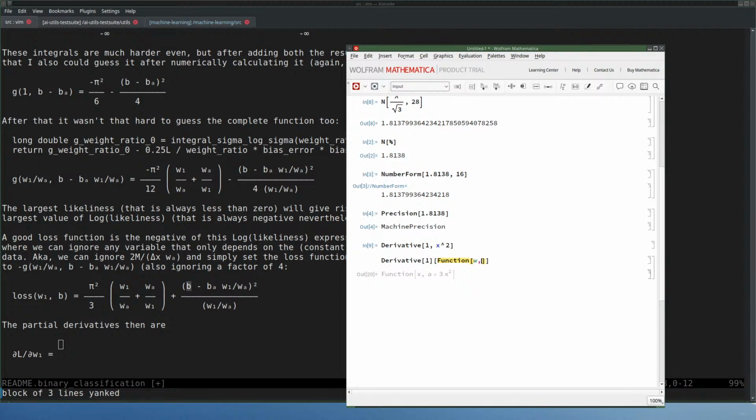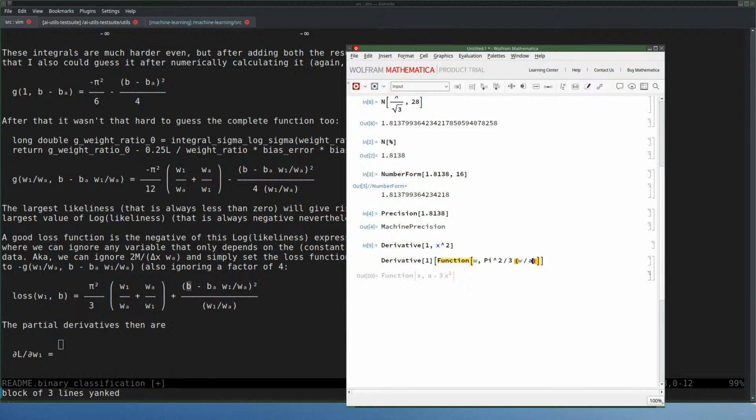And the formula is, I can do the pi squared, right? Pi squared divided by 3, times W divided by WA. Does that work? Not sure. Let me use A single.